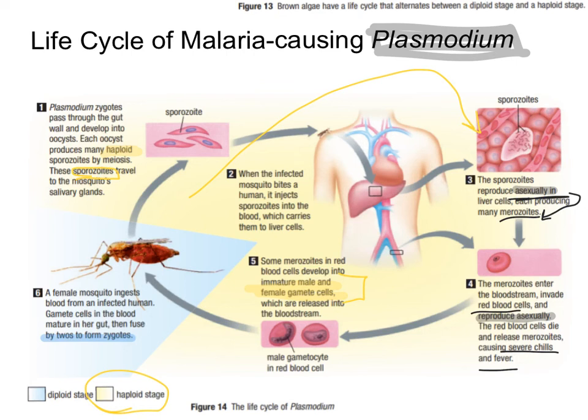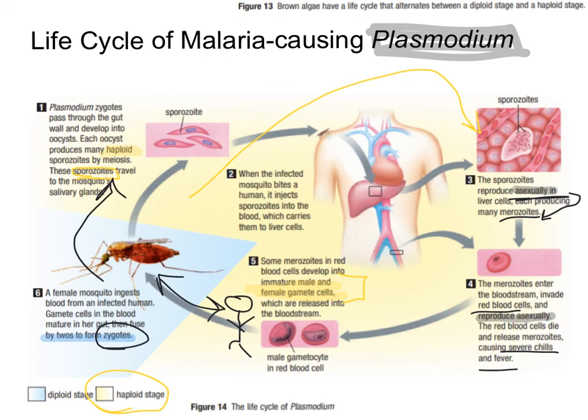And then we need a second mosquito to come and feed on this human, happy little human, well, maybe not so happy. And these gametes will enter the mosquito and form a zygote. So when two gametes fuse, we get a zygote. And this zygote can then go and produce those sporozoites.